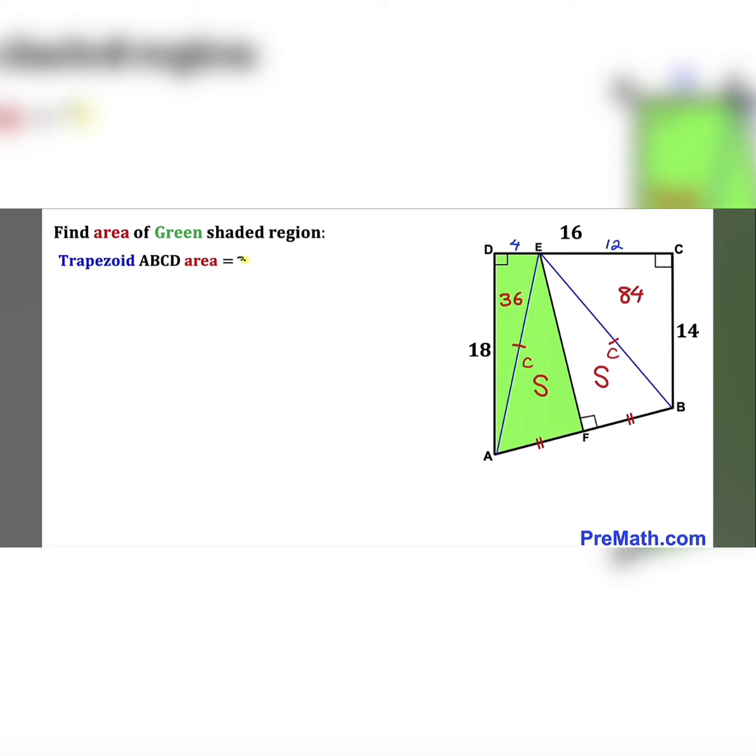So therefore the area of this trapezoid ABCD, if we combine like terms, is going to be 120 plus 2 times S.